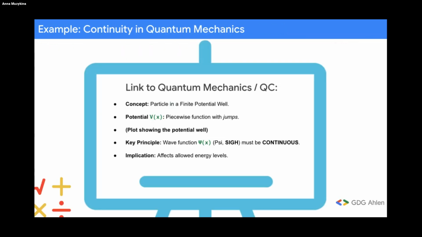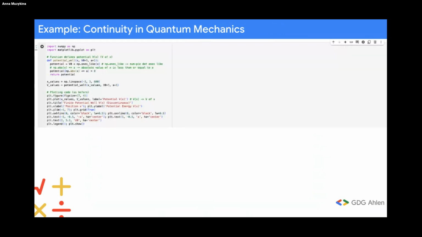Let's see how continuity appears in quantum mechanics, relevant to quantum computing. A common model is a particle in a potential well, representing potential energy, V of x. This code defines and plots such a well using numpy.ones_like and array indexing based on absolute value of x less than or equal to a.